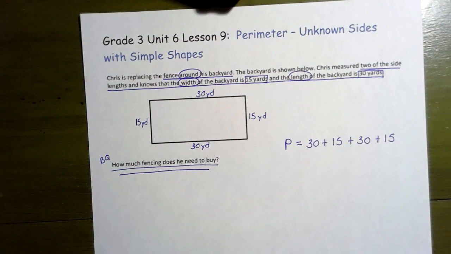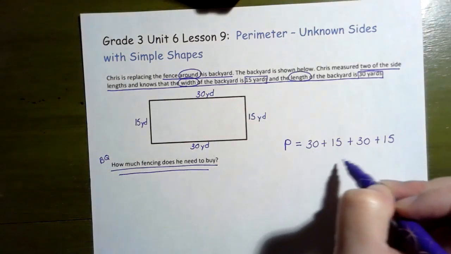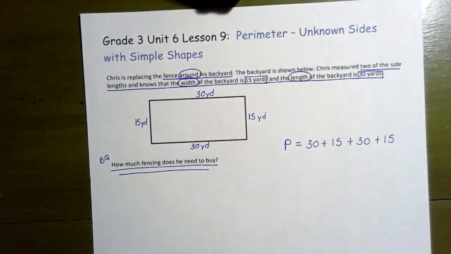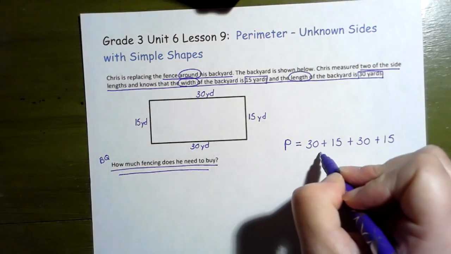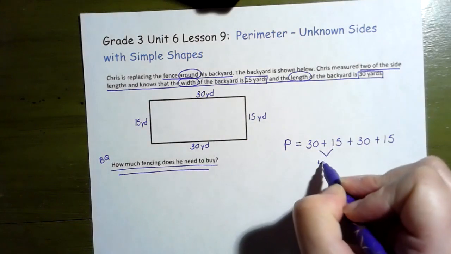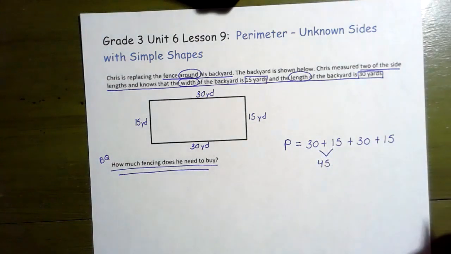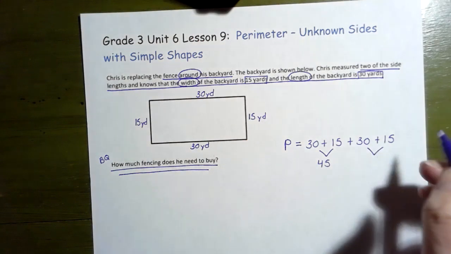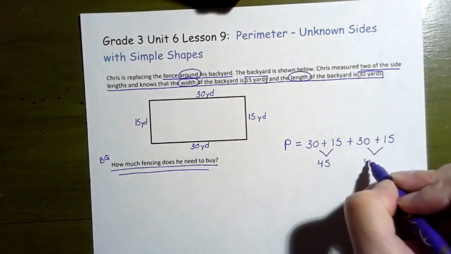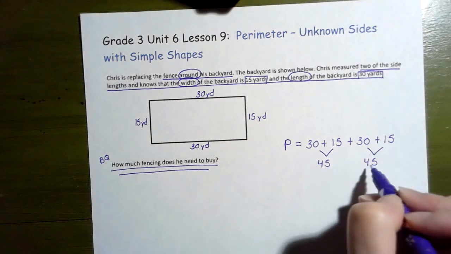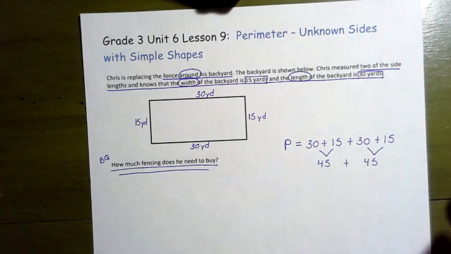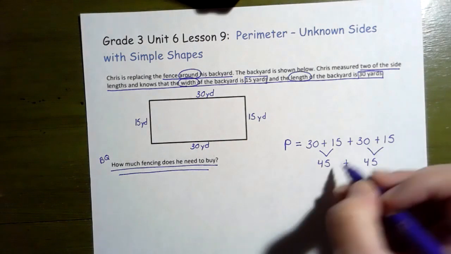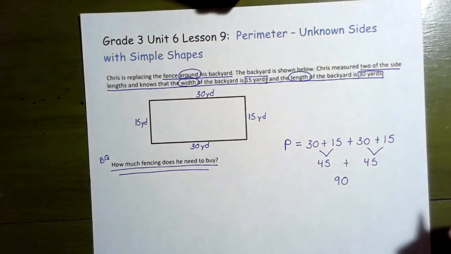And then we can use what we know to add and make smaller groups to add together. So 30 and 15 makes 45, which means that 30 and 15 makes 45. 45 plus 45 is equal to, you got it, 90.